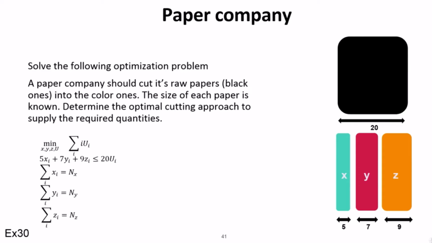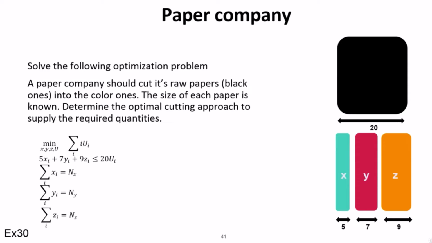Okay, this example is called the paper company. Suppose a paper company should cut its raw papers, which you can see as the big black papers, into the color ones. The size of each color paper is known, and also the black one. I want to know how we should optimally cut these big black papers into the color ones.